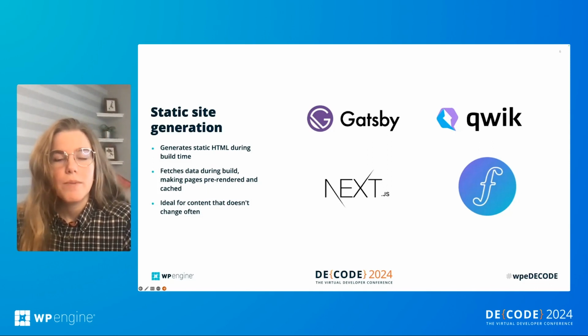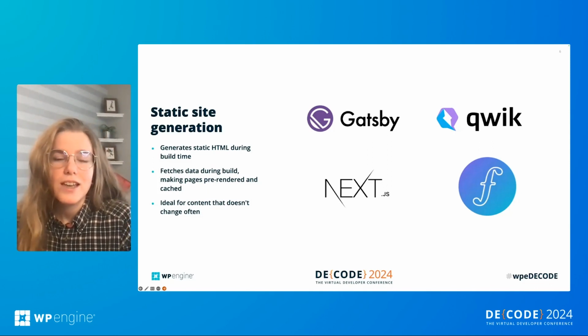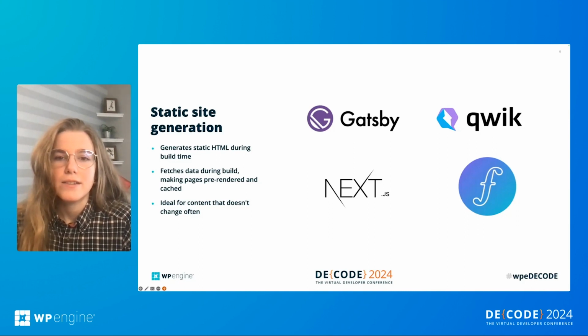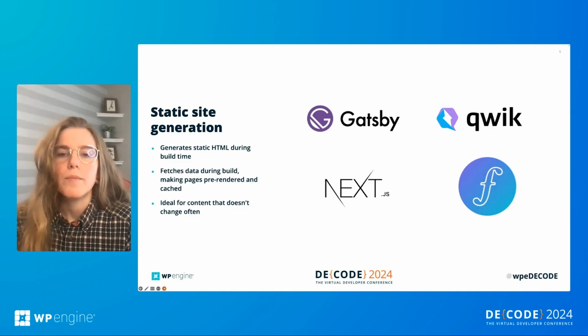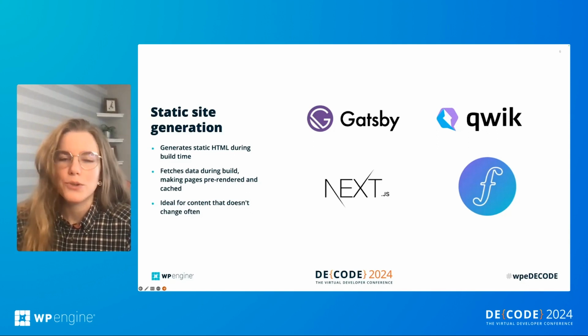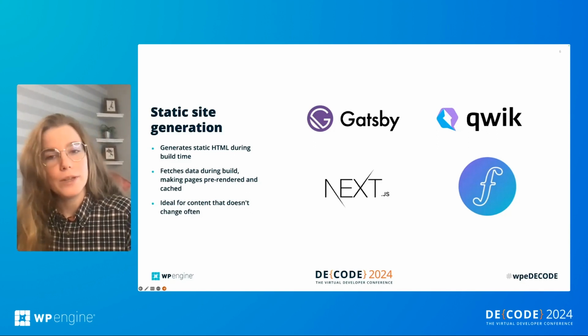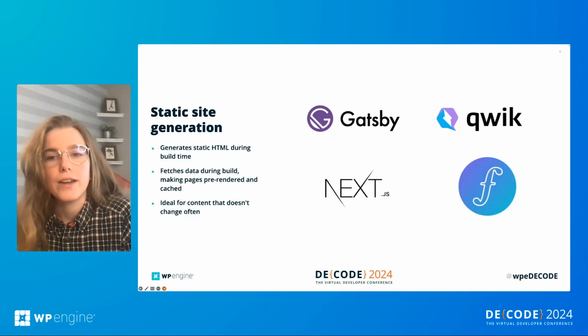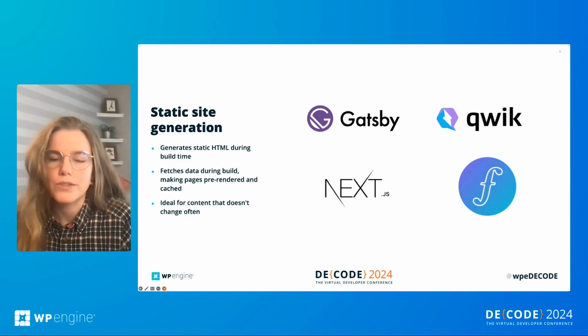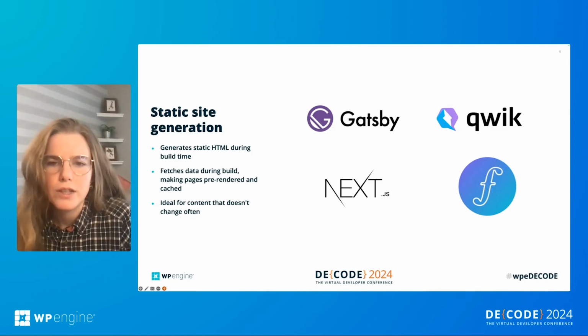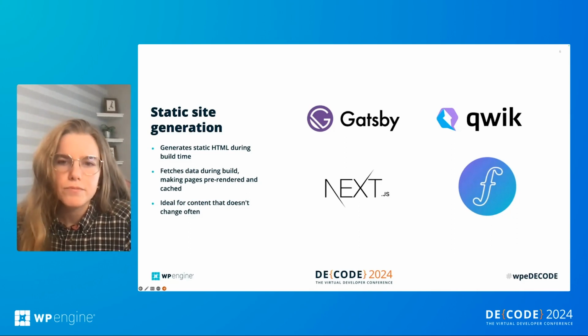So what's great about SSG is that it is super performant, super fast for websites where content doesn't change too often. So imagine a website that doesn't include user interactions, but is more like a portfolio site or documentation site, or other types of content-centric websites where real-time updates are really not very crucial to the user experience.